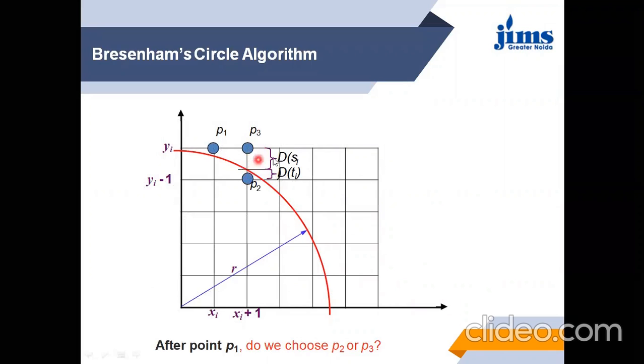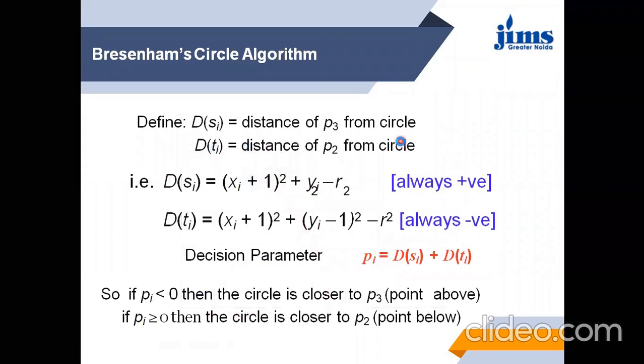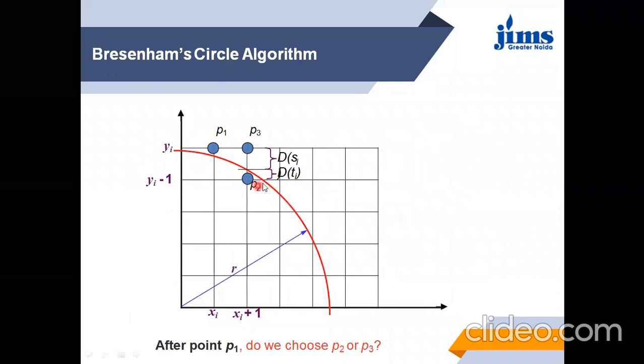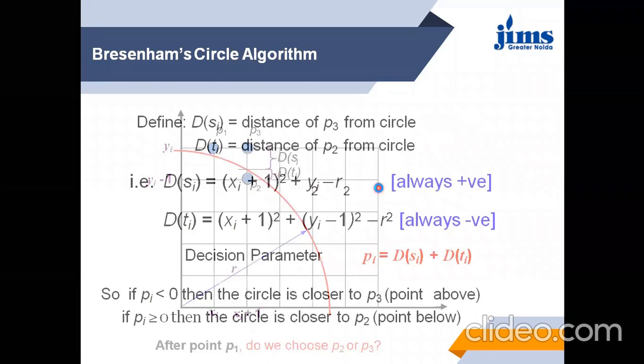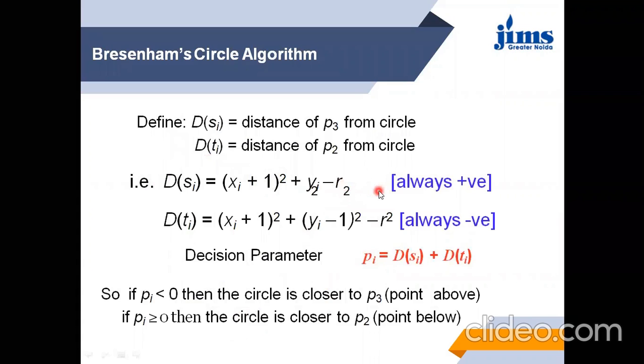So this is DSI. Now DTI, distance of P2 from the circle. You can see over here, DTI means distance of P2 from the circle. Now what will we do? We will put these values in the equation of a circle: xi plus 1 square plus yi.